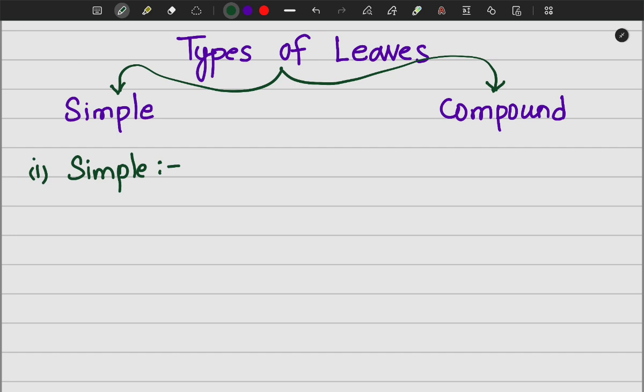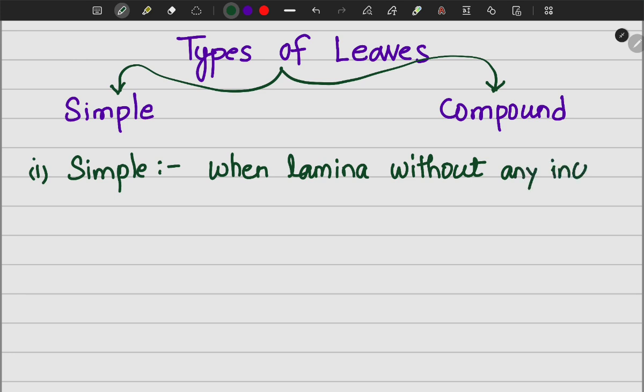Okay, so what is a simple leaf? A leaf which has the lamina without any incision or cut.